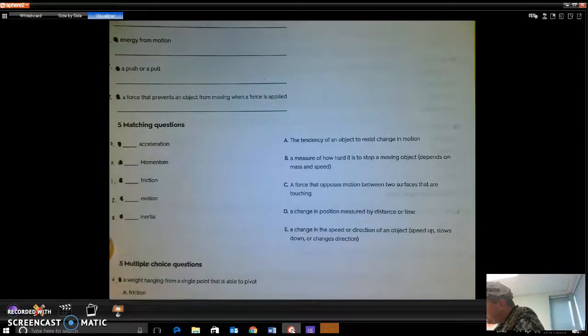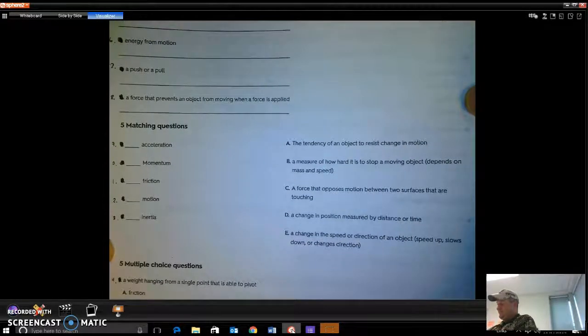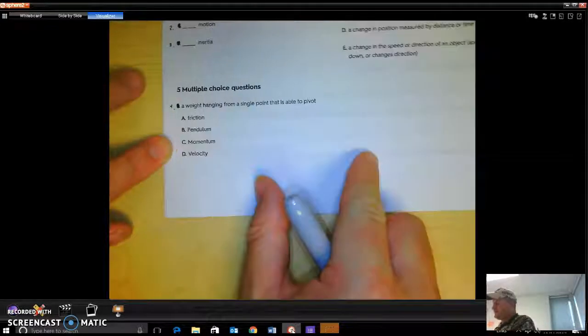D, a change in position measured by distance or time. E, a change in speed or direction of an object. Speeds up, slows down, or change direction. All right, take a deep breath. You're doing fine.